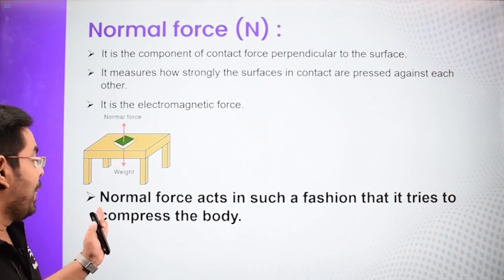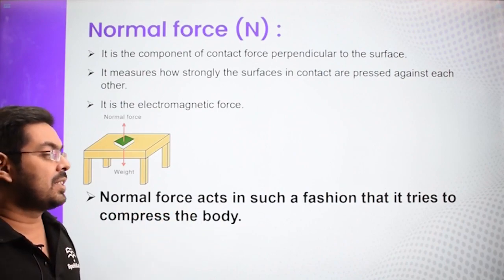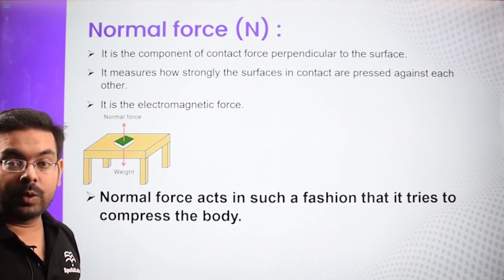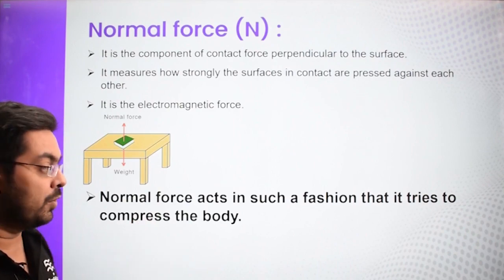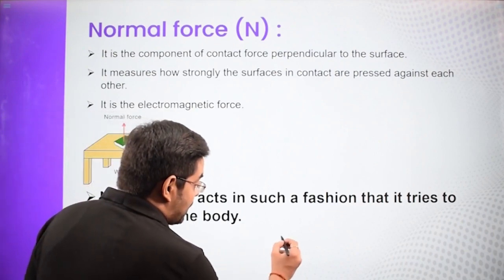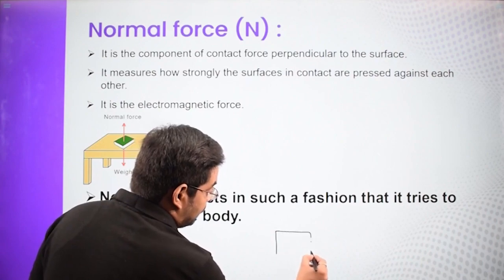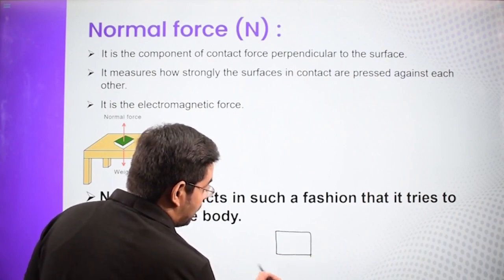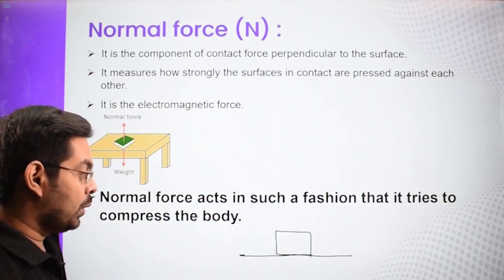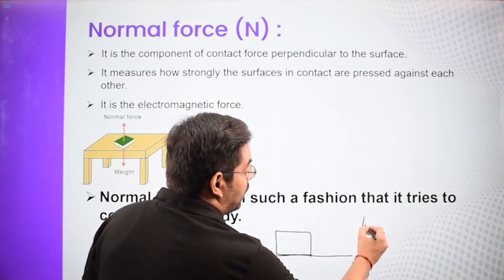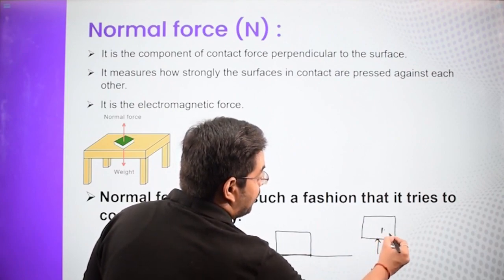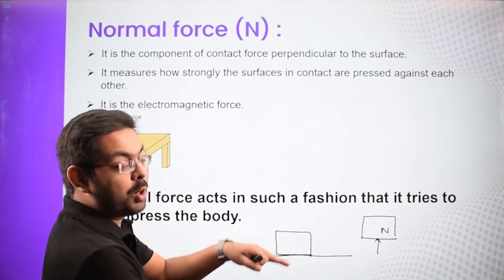Normal force acts in such a fashion that it tries to compress the body. Look, there is always a compressive normal force. The body always wants to be pressed. Look, if I again draw a platform and a block, you will see that on the block the normal force acts in the upward direction and it is trying to press the body.